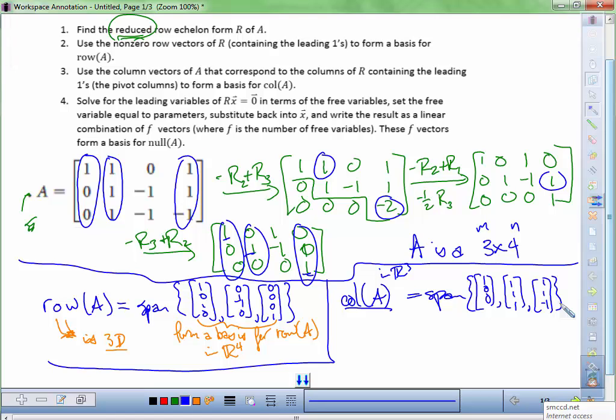So this is in R3, which is, we have three vectors that's supposed to be a basis for a subspace of R3. This forms a basis for the column space. And each of these vectors is three-dimensional, so we're living in R3, which we would have gotten over here anyways when we take a look at the number of rows.